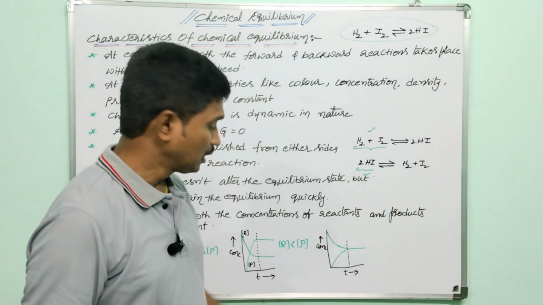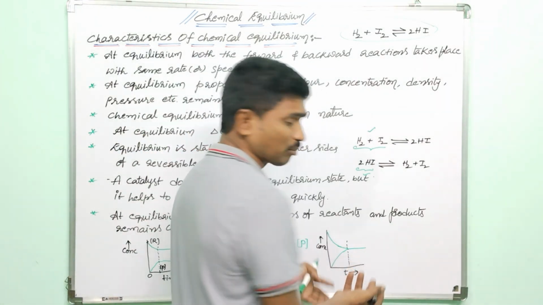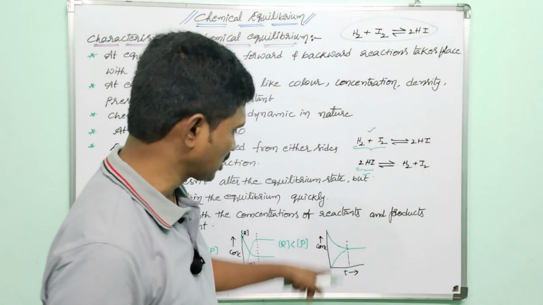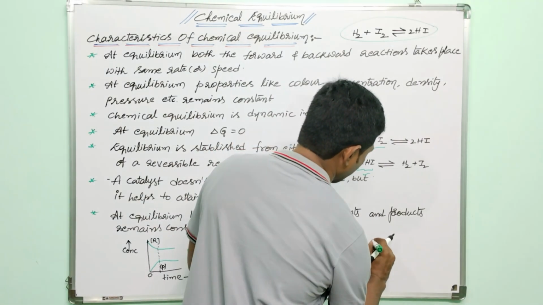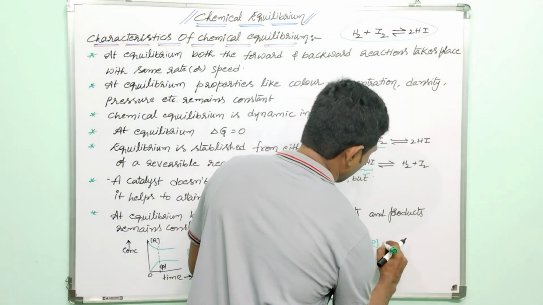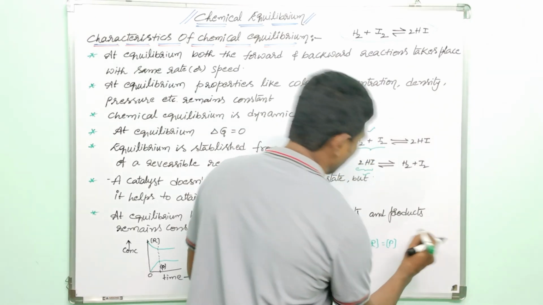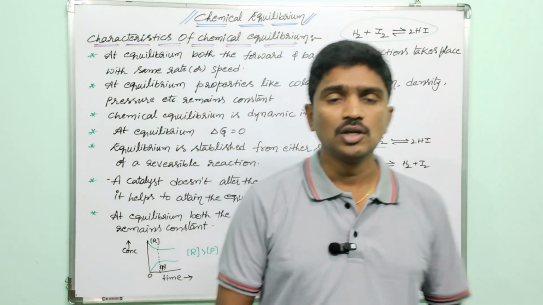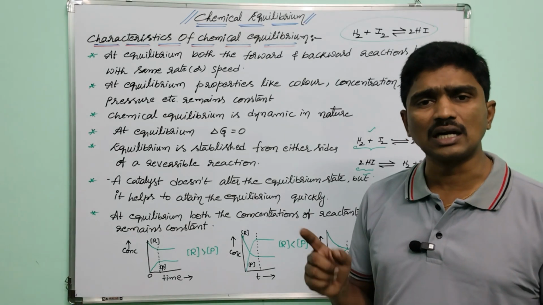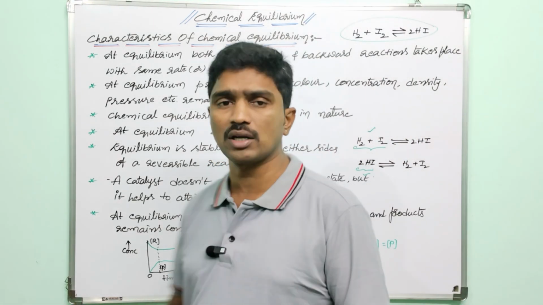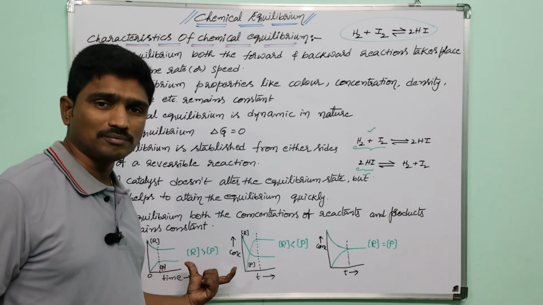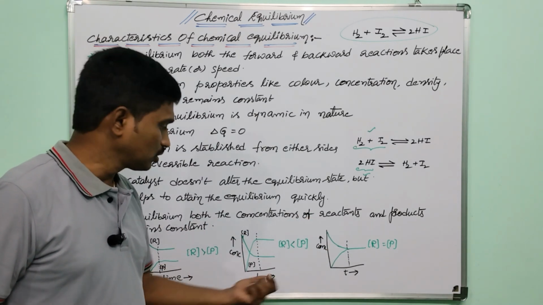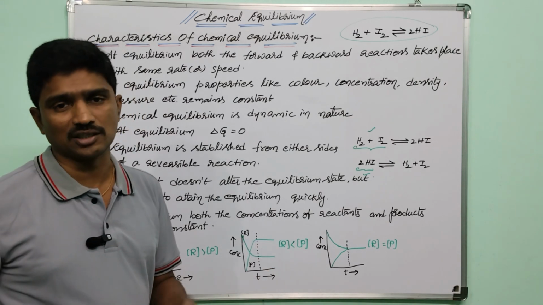This curve indicates that in some chemical reactions at equilibrium, both of the concentrations of reactants and products are equal. So during a chemical reaction, the concentration of reactants and products may be equal or not equal. So these three graphs indicate that.